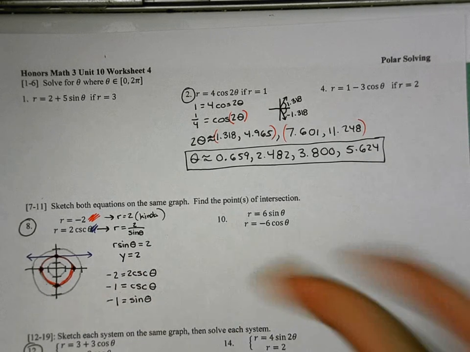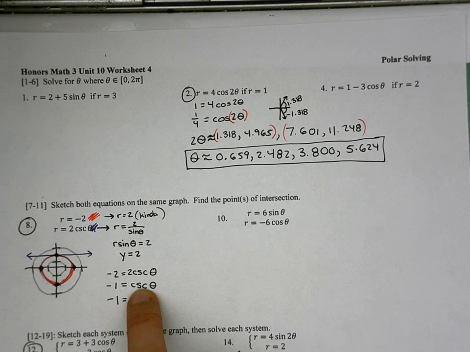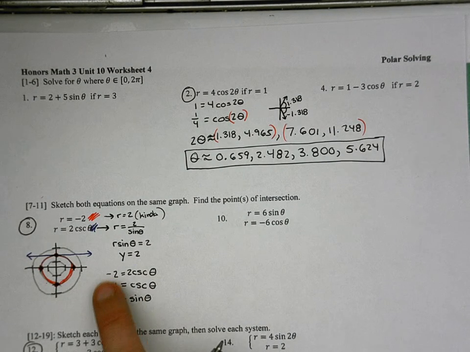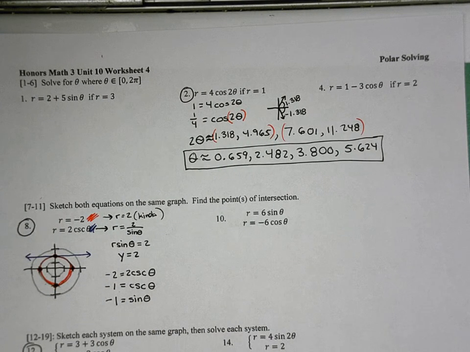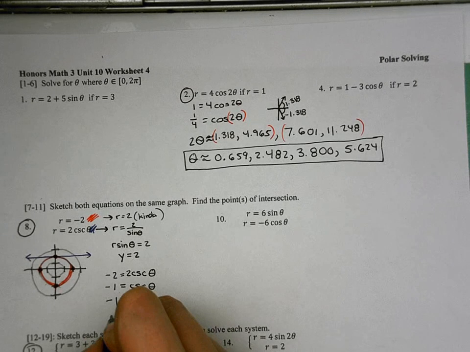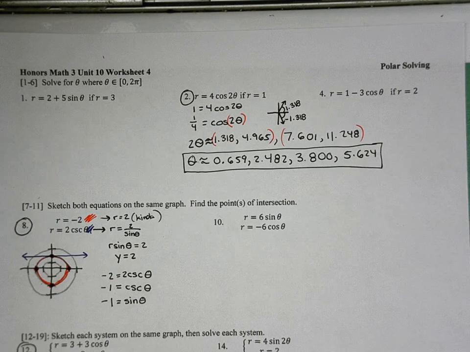The other way you could think of this is turning this cosecant theta into 1 over sine theta, and then multiplying the sine theta over here and dividing the -1 to the other side. It's a different way of processing those steps. Okay? Well, there's only one angle between 0 and 2 pi where sine theta equals -1, and that is at 3 pi over 2. Okay?